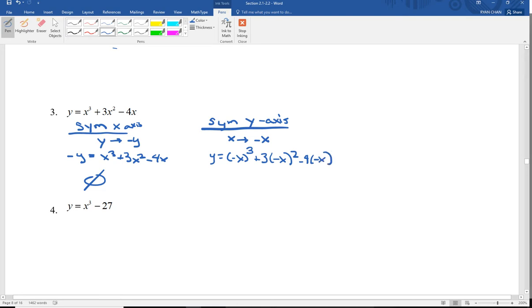And I get the following. And this is not the same either, so this one doesn't work. Let's try to do our last one, which is symmetry by origin, which is x by negative x, y by negative y. So I have the following here.